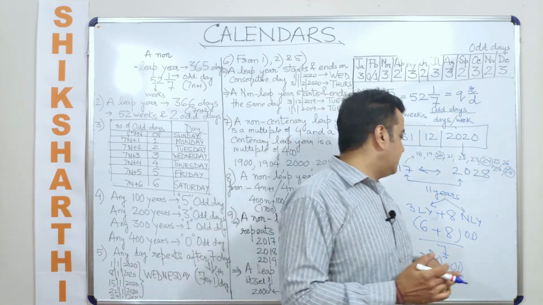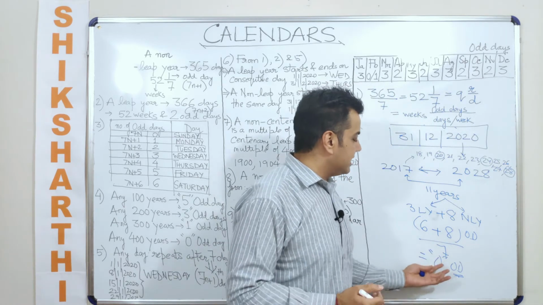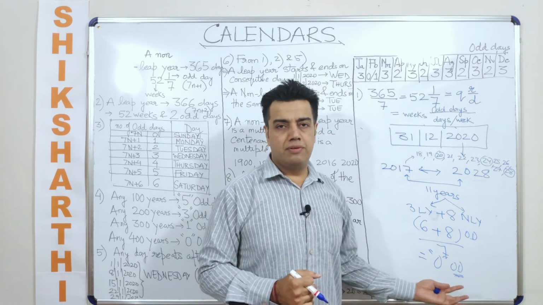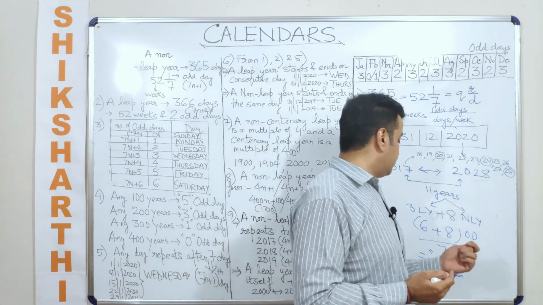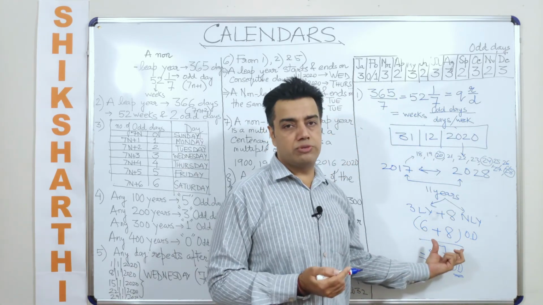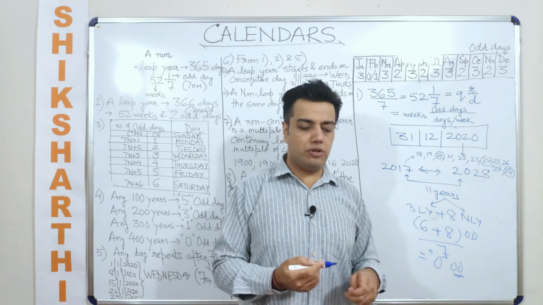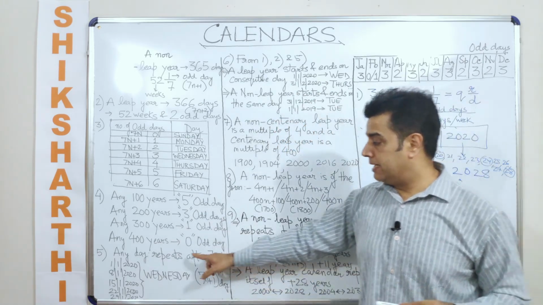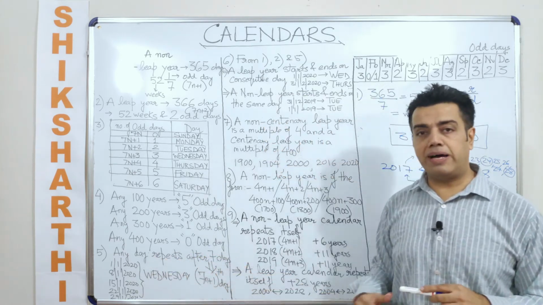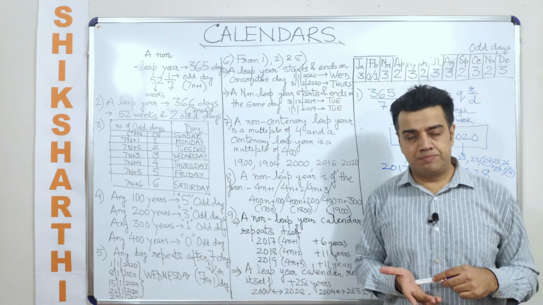Another way to understand this here is, now 0 is just like saying what? It is a multiple of 7 only. 0 is a multiple of anything. Another perspective here is the moment you got odd days as how much? 14. Now 14 is a multiple of 7. And last time we talked about that any day repeats itself after every 7 days.